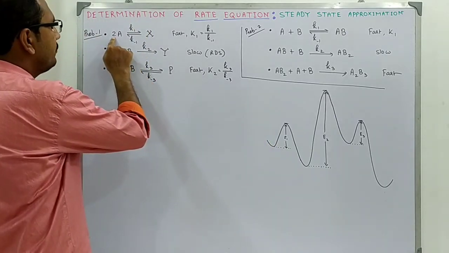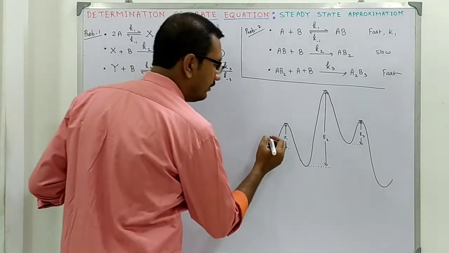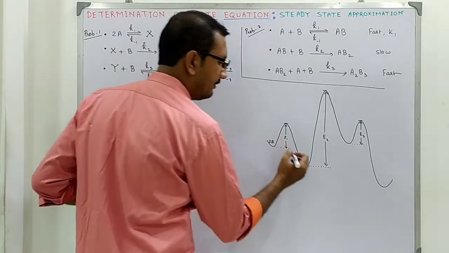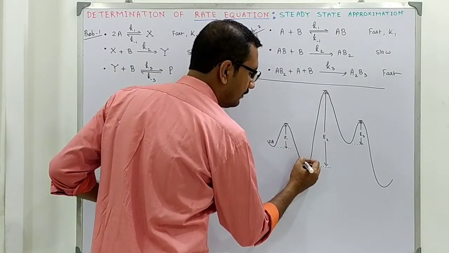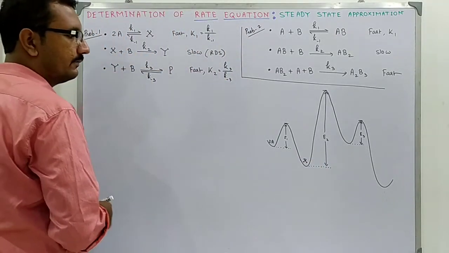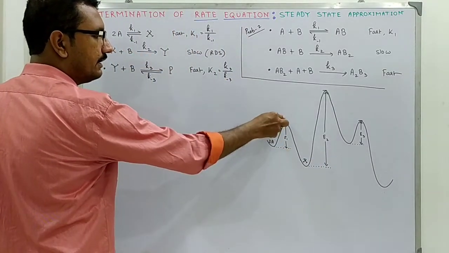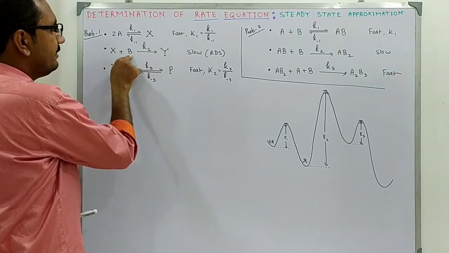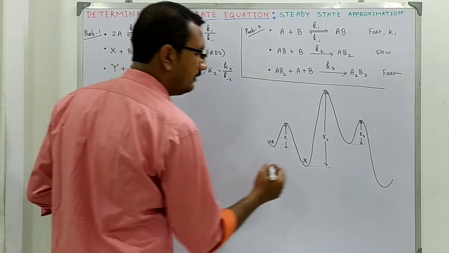In the first step, we have 2A reversible X. This is the intermediate, this is the transition state. Now, X is reacting with B, B is present in the reaction vessel.